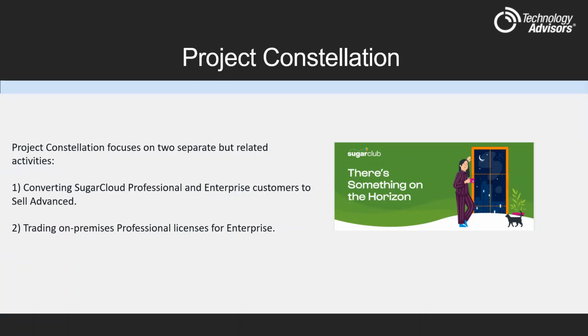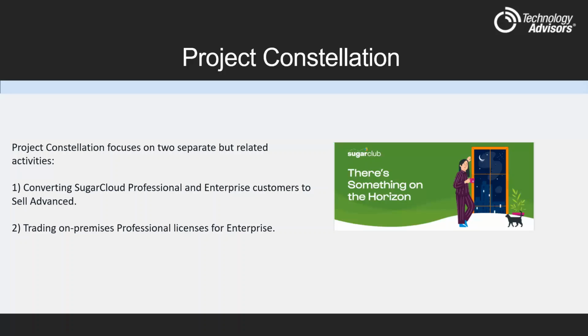So Sugar is really looking to standardize the baseline product suite and give all customers access to the same features and functionality. And in February, Sugar did a beta program for this conversion. It went really well, and the customers who were part of the beta did give positive feedback on both the conversion process and also the added functionality that they have access to.